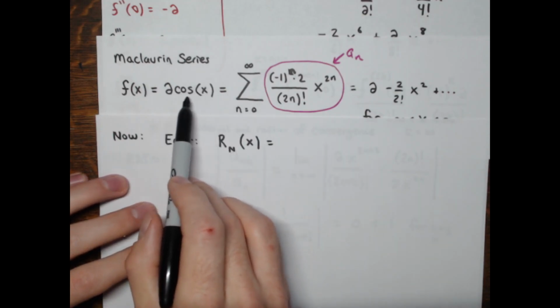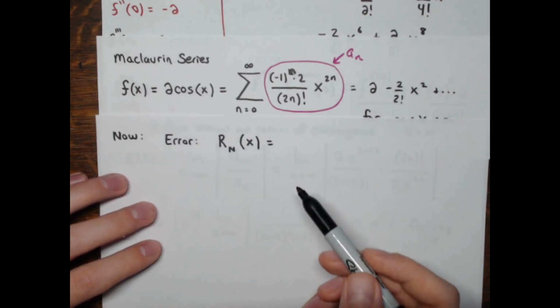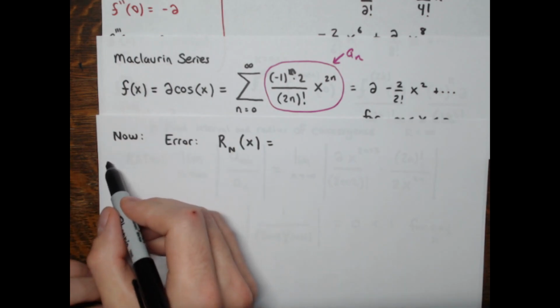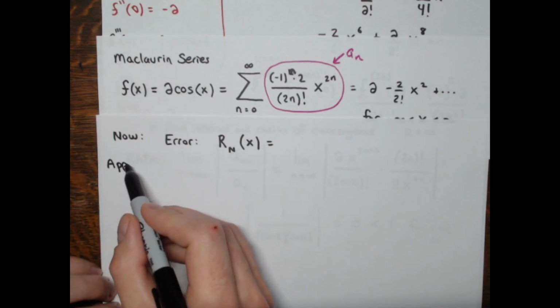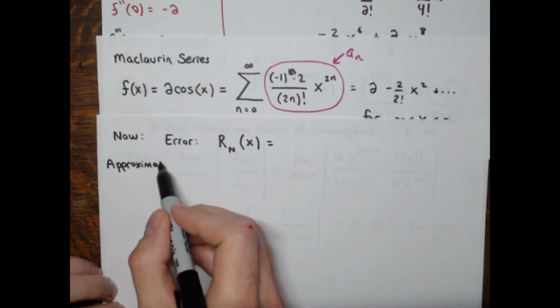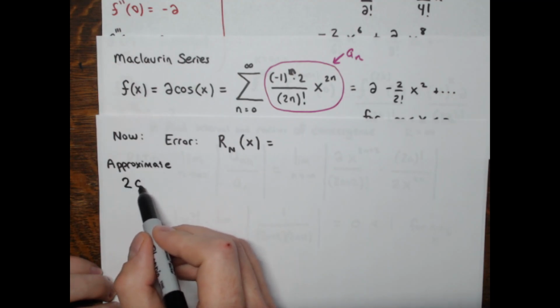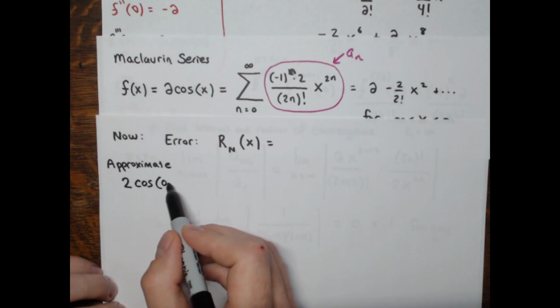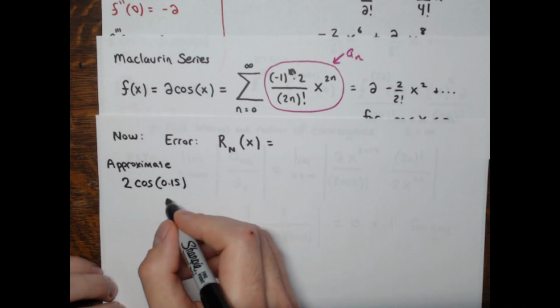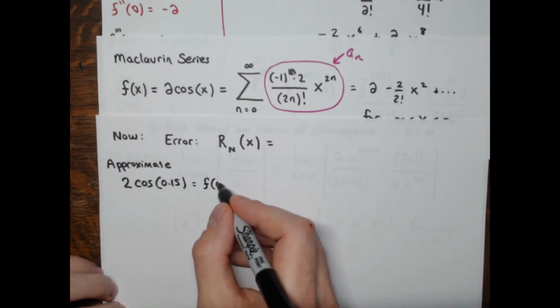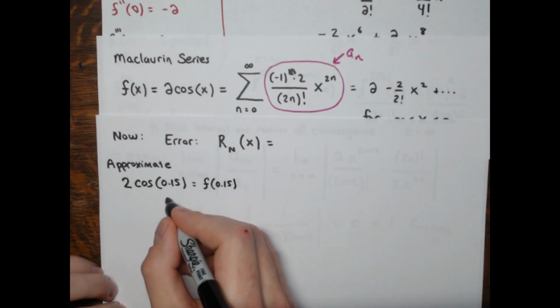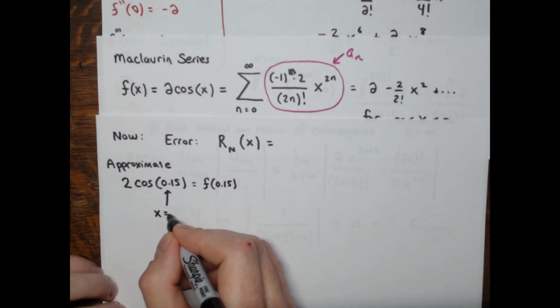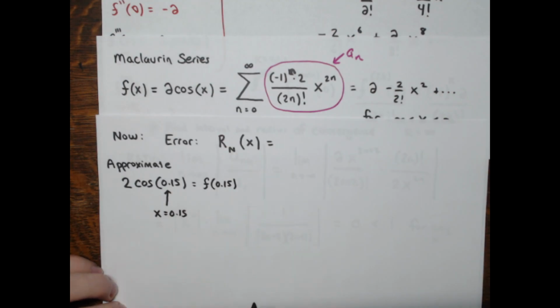When is the error in my approximation going to be less than 1,000th? And remember, we're trying to approximate 2 times the cosine of 0.15. So that would be f at 0.15. So this 0.15 is the value of x we're talking about. And remember, the value of a is 0. We're centered at 0.